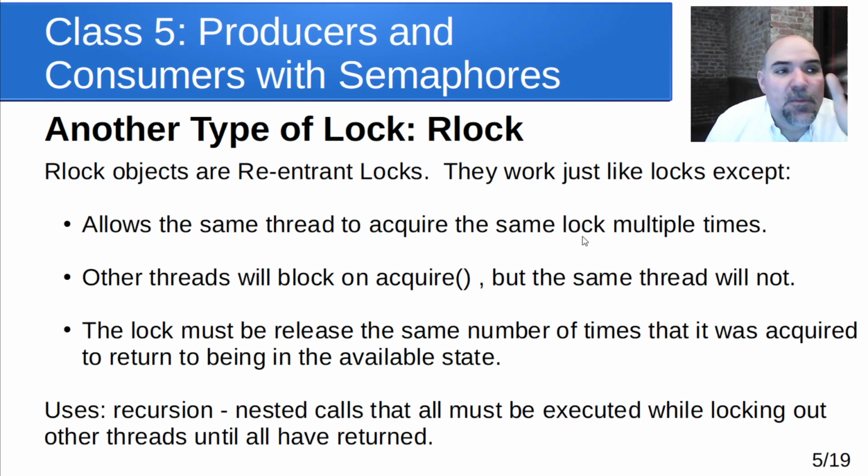So if you were, for example, making a recursive, I don't know, sorting algorithm like quicksort, and it calls itself and calls itself and calls itself, but while you're sorting the data, you want everybody else to be locked out, you could implement that with a recursive lock. A normal lock, if it's locked and that same thread tries to lock it again, the same one will block, but a recursive lock allows the same thread to acquire it multiple times as long as it's released the same number of times.